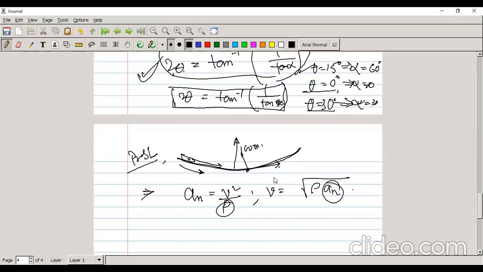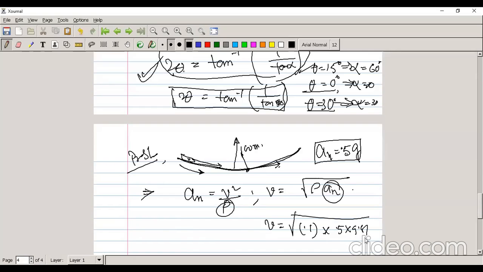If it is given that an is half the value of g, it means the half of the gravitational value is the normal acceleration. So what you write, if it is given in the question, is 0.1 into g, and g is 0.5 into 9.81. This is the thing.